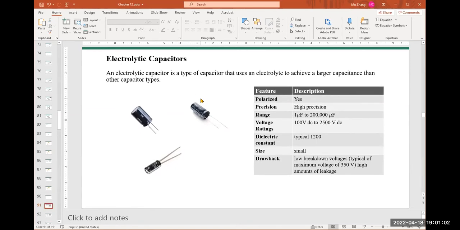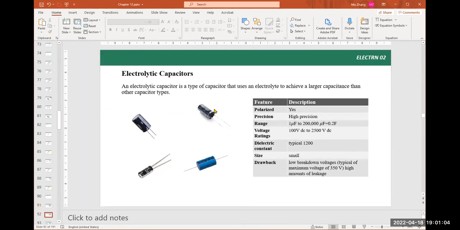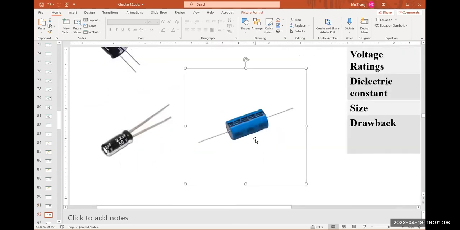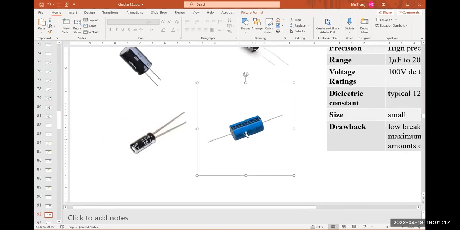Okay, let's see. Oh, here, this is another kind, just a different model, different design. In terms of features and performance, same, just a different way to build a capacitor. Instead of putting both legs on one side, now one side has one leg, like a sausage here, a chorizo.